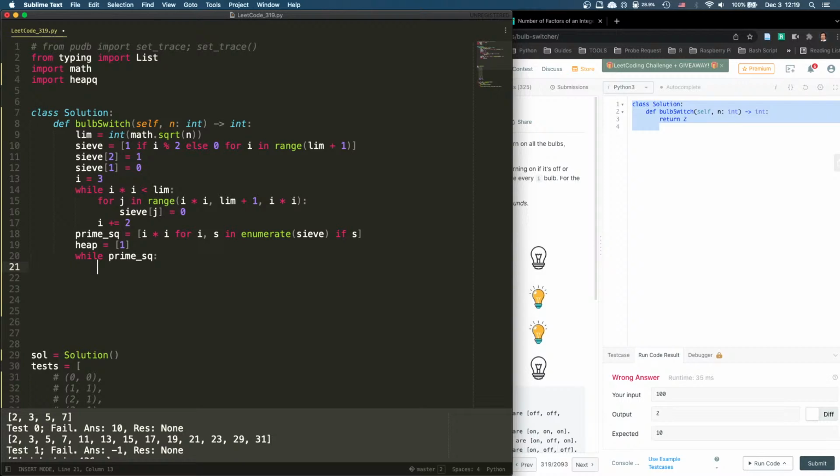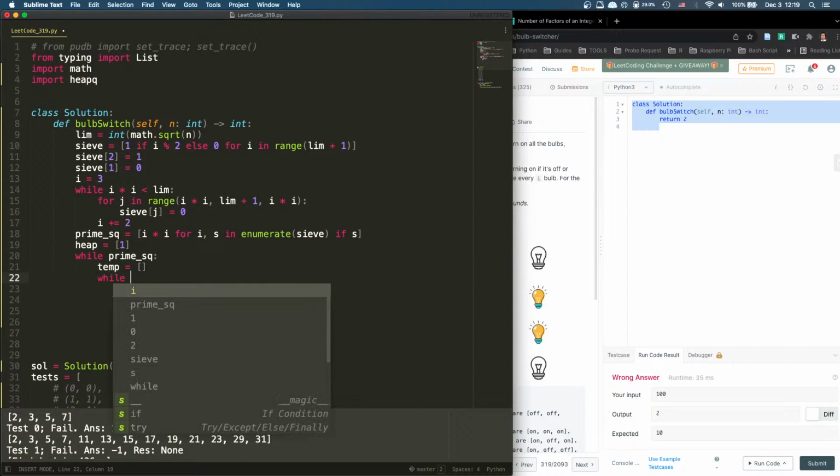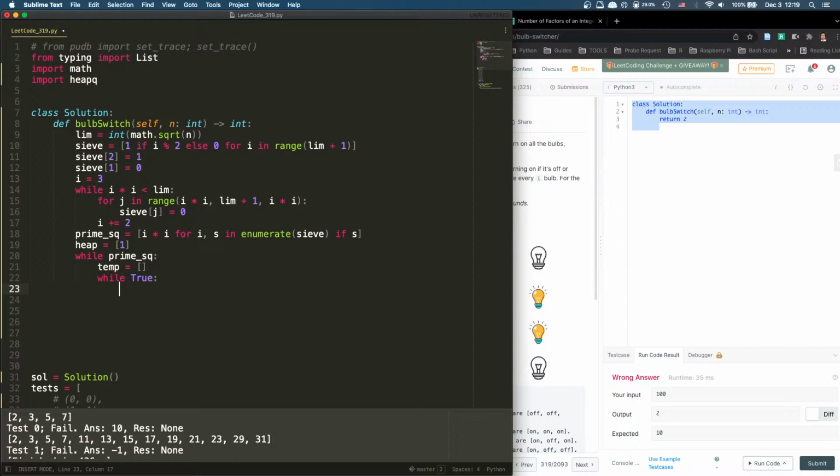Then we're gonna say temp is equal to this, right? And we're gonna say while true. So current small equal to heapq.heappop heap, right?